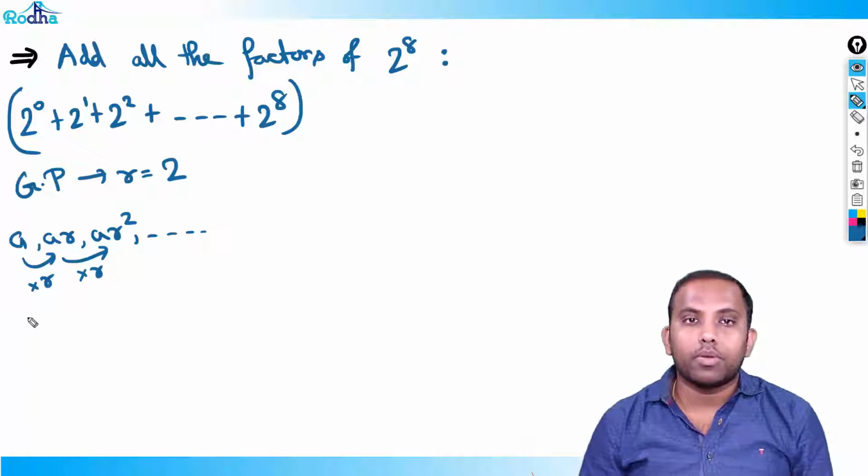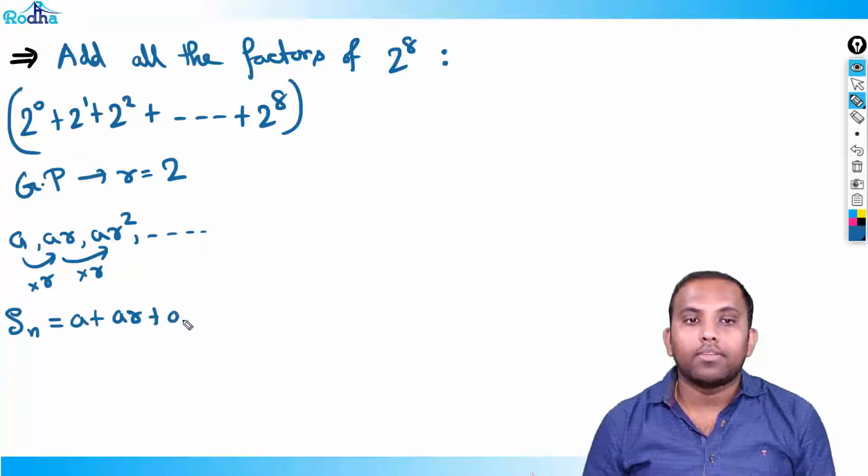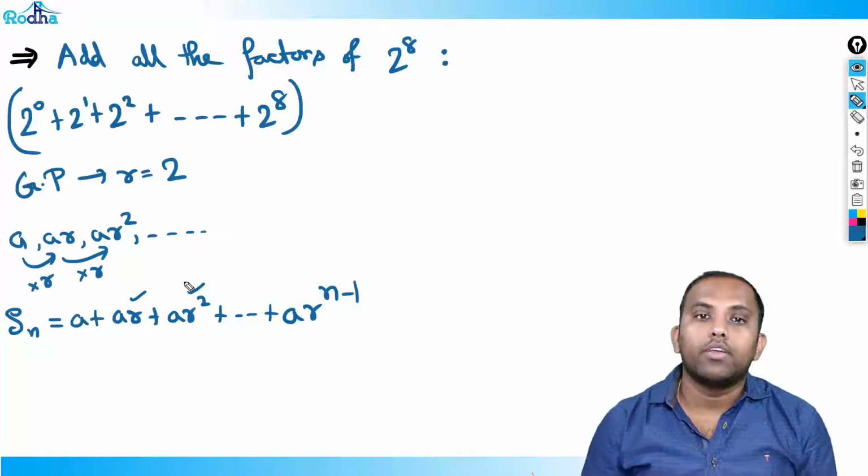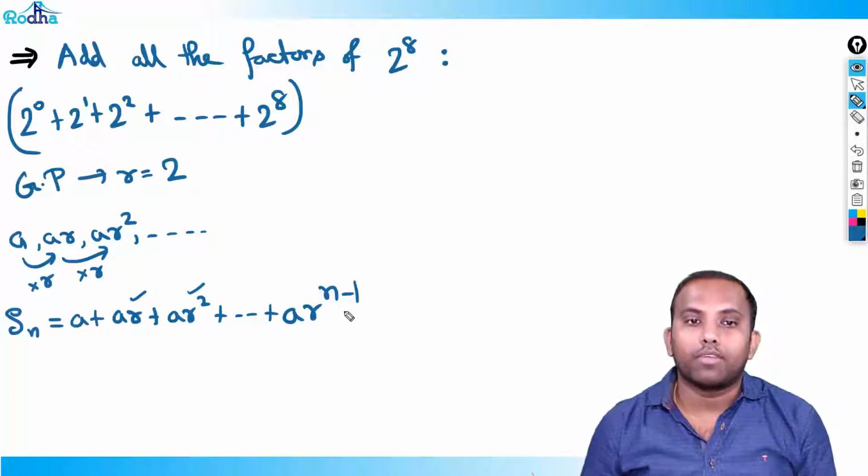So what is the summation of a geometric progression? The summation of n terms of a geometric progression is a plus ar plus ar squared till ar raised to n minus 1. We write n minus 1 because the first term has r to the 0, the second term has r to the 1, the third term has r squared. So the nth term has r raised to n minus 1.